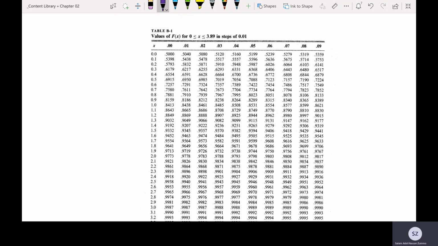This table shows the value of F of x, which is the CDF of the normalized Gaussian random variable, so mu equals 0 and the standard deviation equals 1. This is F of x for x ranging from 0 to 8. We'll see why we stop there.